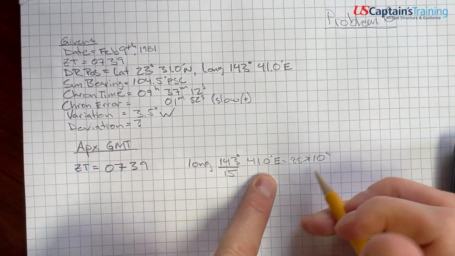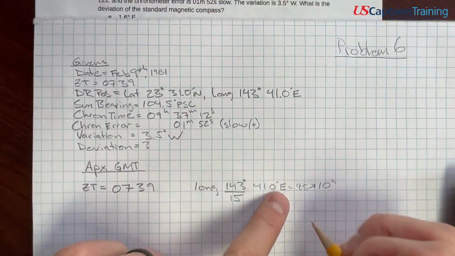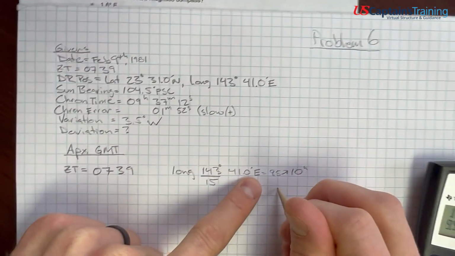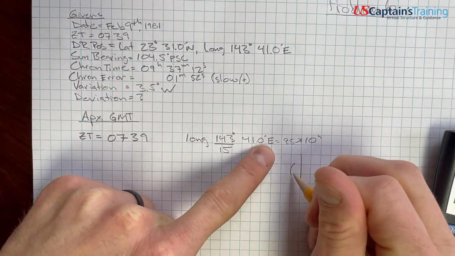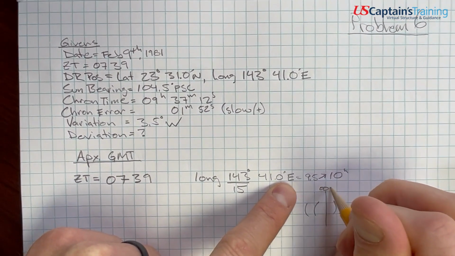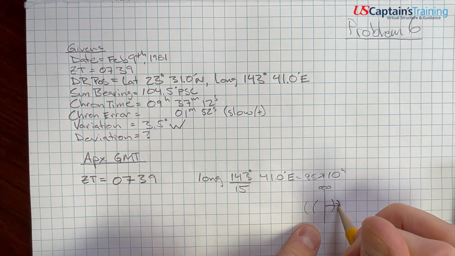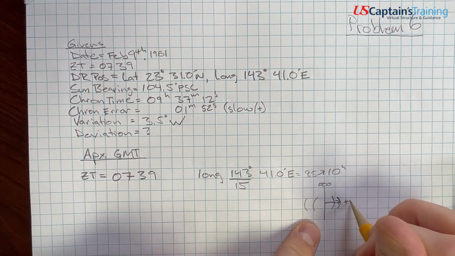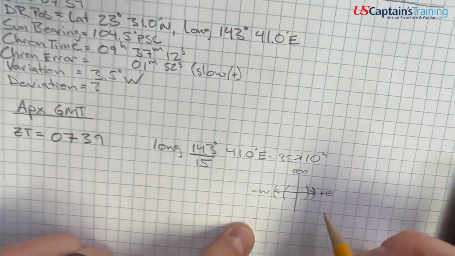And now how do we know if we add or subtract this from the zone time? Well, it's east right here. If we were to graph this out, these are the time zones, and this is the prime meridian, which is at 0, Greenwich Mean Time. If we go to the east, we are adding to the east. If we go to the west, we are subtracting to the west.